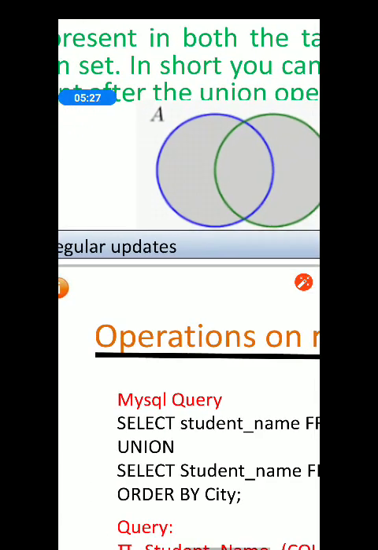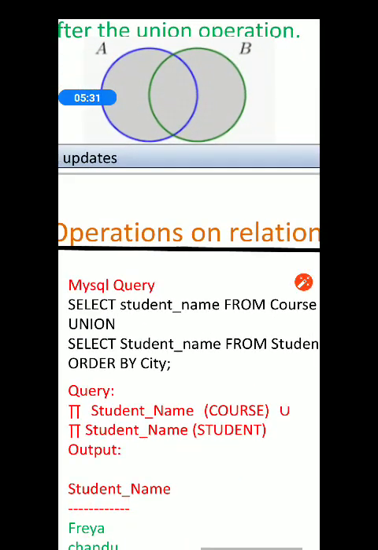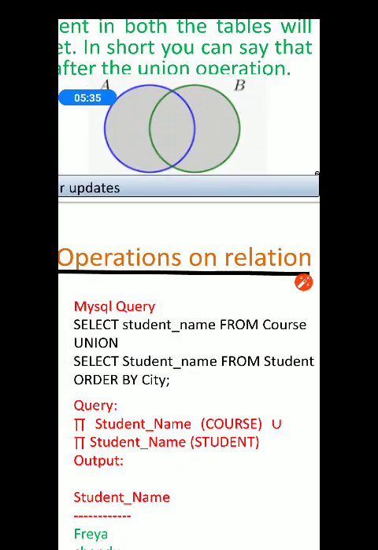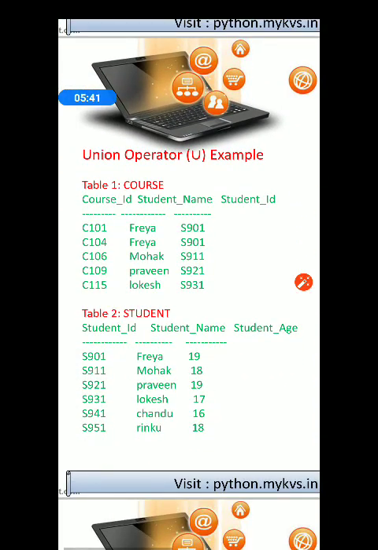Okay, one example MySQL query we will do for union. With the keyword union we can get into it. See here, there are two tables given.